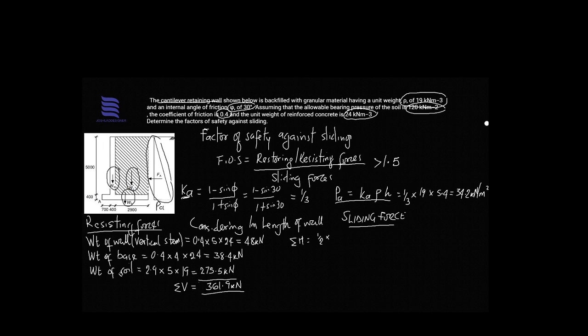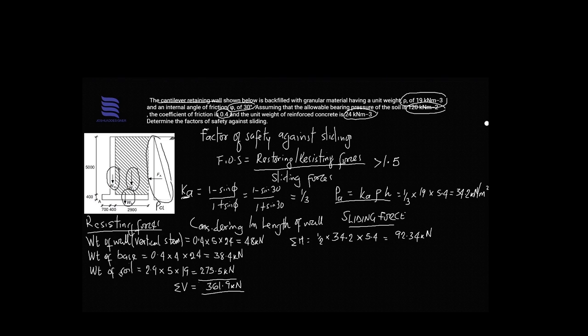So we have half the base is 34.2 as we have obtained before, multiplied by the height of that figure, which is 5.4. Right, so calculating this should give 92.34 kilonewton.